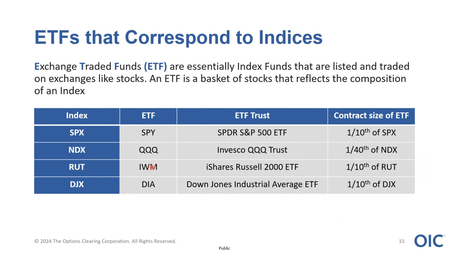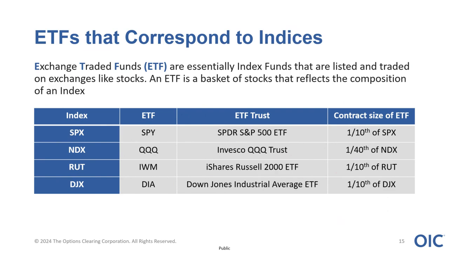In the Russell, it's the IWM, it's 1/10 of the Russell, and in the Dow, it's the DIA, which is 1/10 of the DJX. It's important to remember this contract size is oftentimes much, much smaller than the index itself. Important to remember that because this is going to play a large part in how the notional value of these options is computed as well.